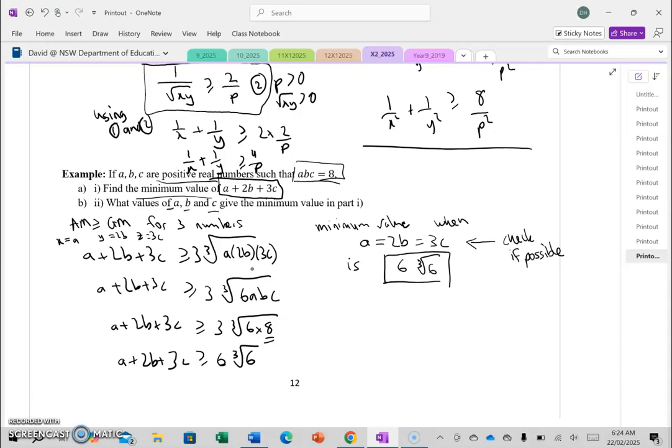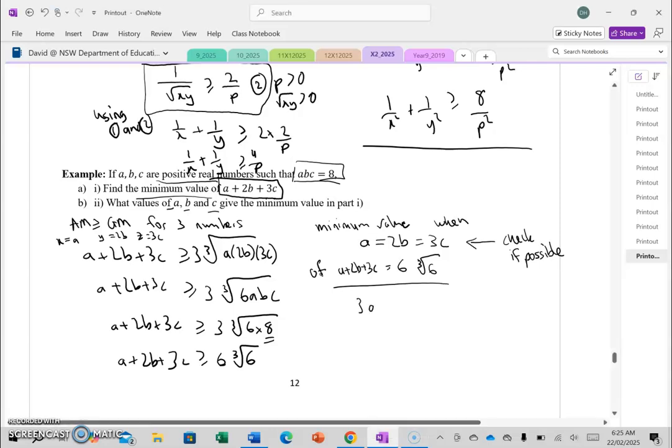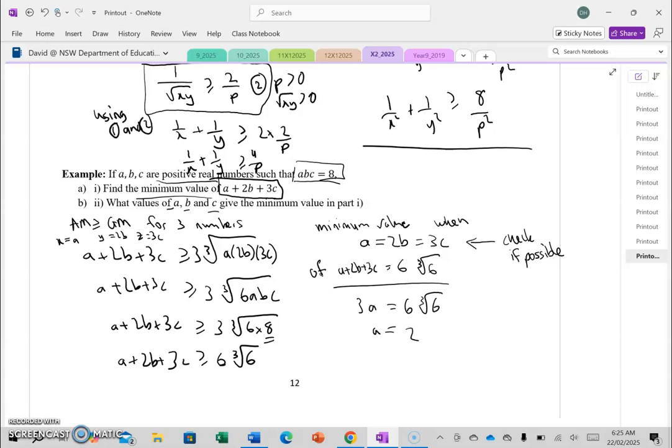So if a equals 2b equals 3c, I've just written down the sum here to make it a bit easier. So if 2b is also a and 3c is also a, this here becomes 3a is equal to 6 cube root 6. Dividing by 3, I get a must be 2 cube root 6.